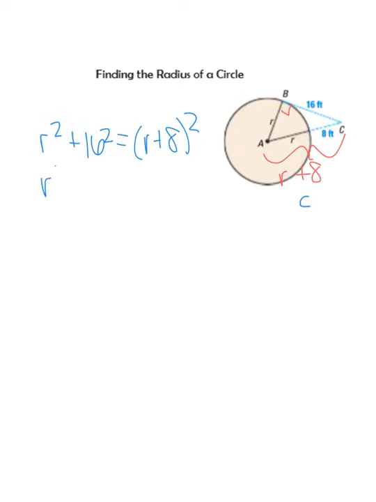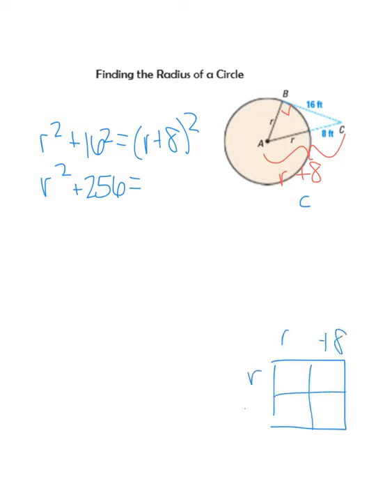R squared stays where it is because that's what we're looking for. 16 squared is 256. Now to do R plus 8 squared, I'm going to set up my lattice. This is what I did back in Algebra 1 if you don't remember. I have R plus 8 on the top and I have R plus 8 on the side. R times R is R squared.